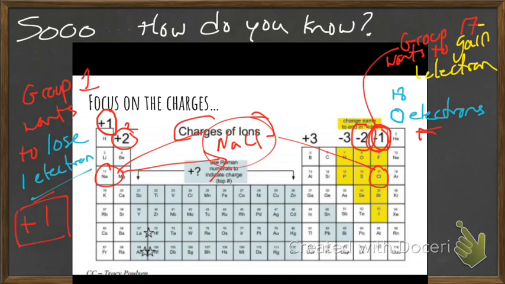Group 16 wants to gain 2 electrons, so they'll become negative 2. Group 17, 16, 15. Group 15 wants to gain 3 electrons, so they're going to become negative 3. This is how the bonding process works. And remember, this is all based off of the electrons on the valence shell. So if they want to gain 1, 2, 3 more, that would have a charge of negative 3.